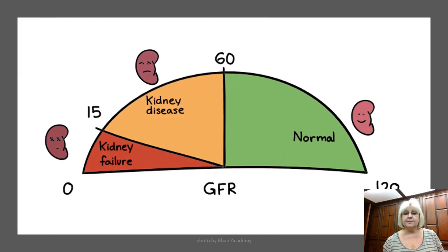So now let's talk about the extrinsic mechanisms. The neural and hormonal control can override renal autoregulation and decrease the filtration rate when they need to. We were talking about intrinsic before, now we're doing extrinsic. An example is a large drop in blood pressure, like if someone lost a lot of blood.